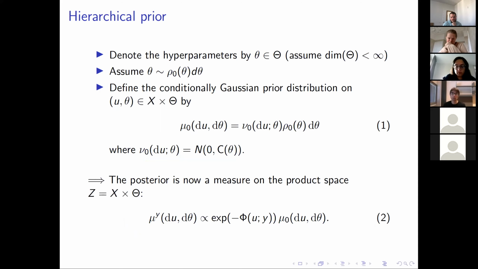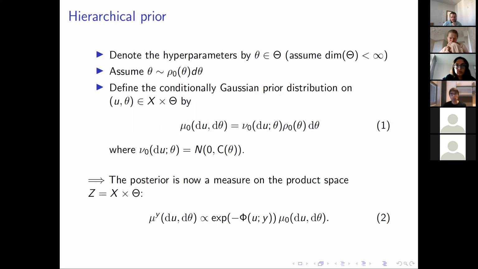So let's denote my hierarchical parameters by theta with the domain capital Theta, and here we assume that the dimension of this domain is finite.